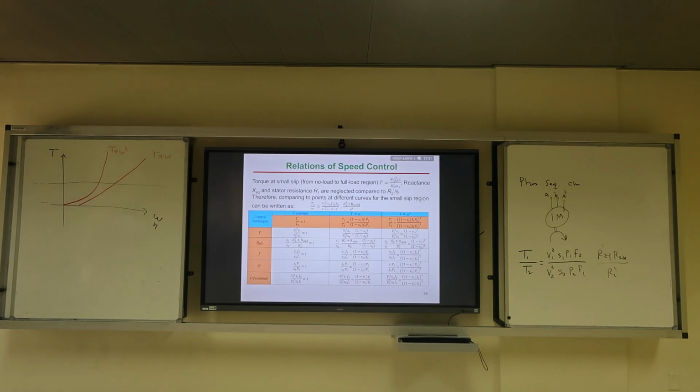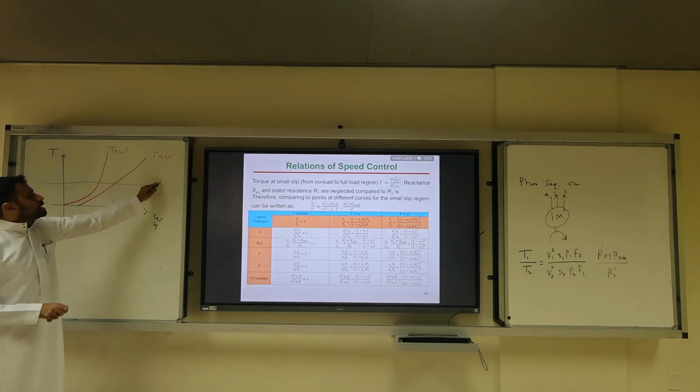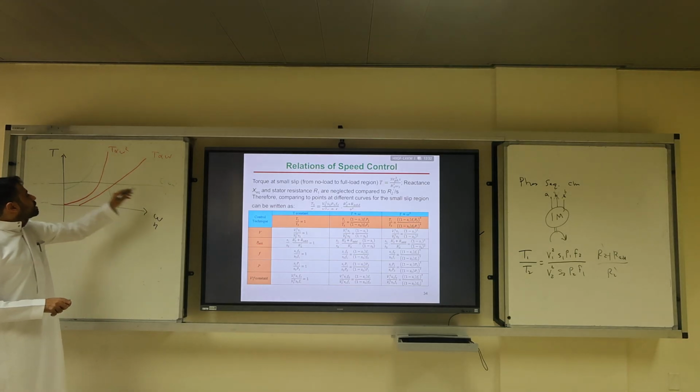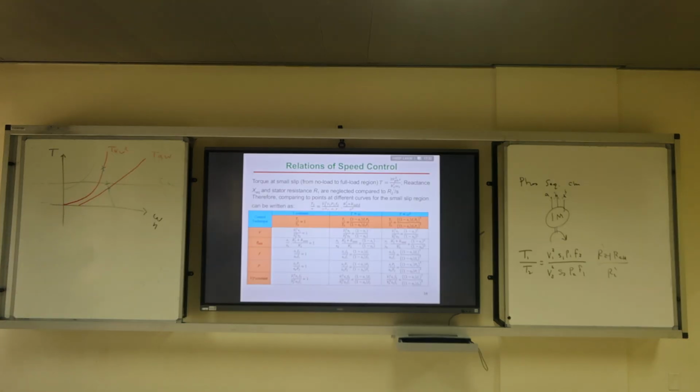For every motor, let's say this is the maximum torque. Look at the intersection. The green curve is for the motor. The 2 red and the black curve are for the load. So this is load. This TL is constant. The intersection here, and the intersection here, and the intersection here is your point of operation.